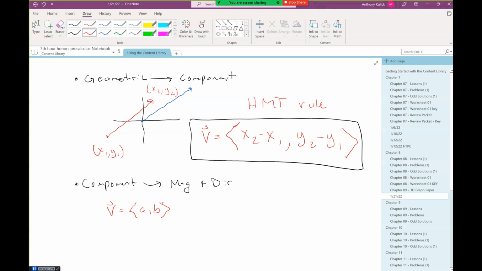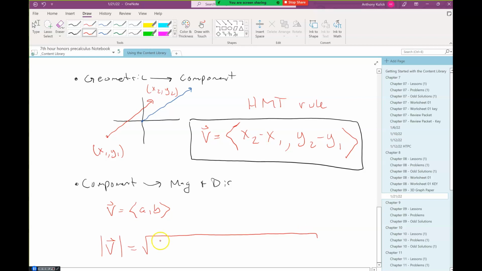The distance formula, right? If you remember back from geometry, the distance formula is d is equal to the square root of x1 minus x2 squared plus y1 minus y2 squared. So in our case, let's do that for a moment. I'll get back to the vertical bars here in a second.